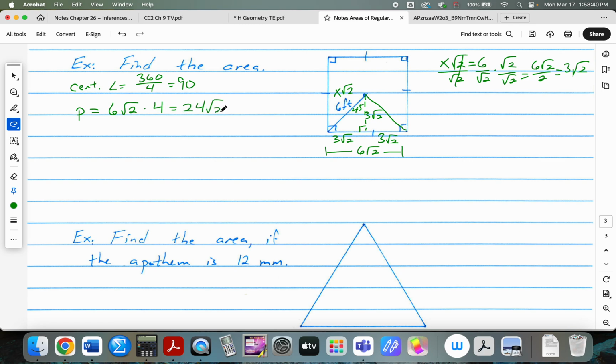That's 24 square roots of 2. So the area is 1/2 the length of the apothem times the perimeter. So it's half times 3 square roots of 2 times 6 square roots of 2.